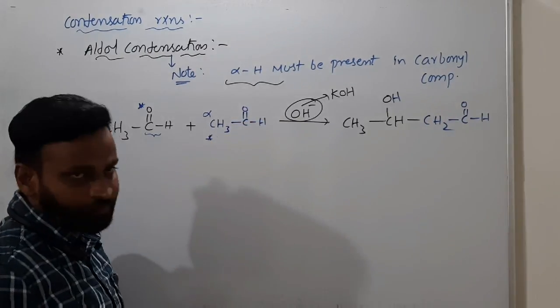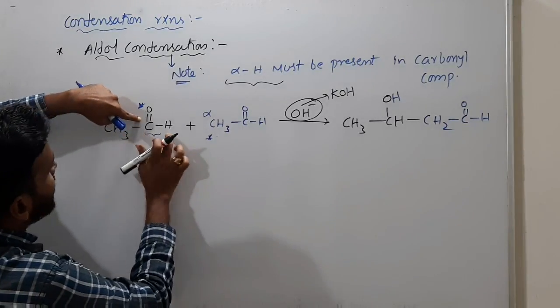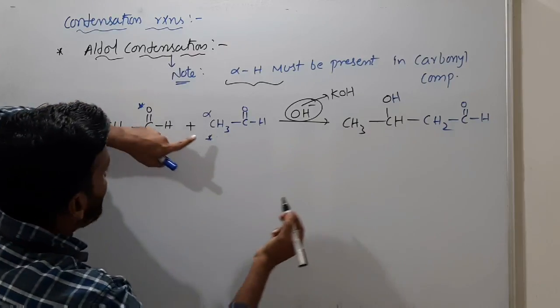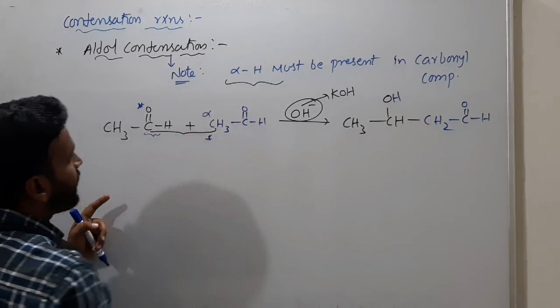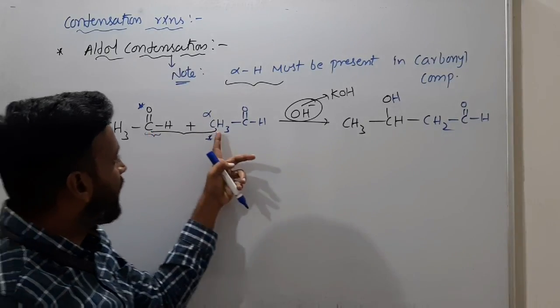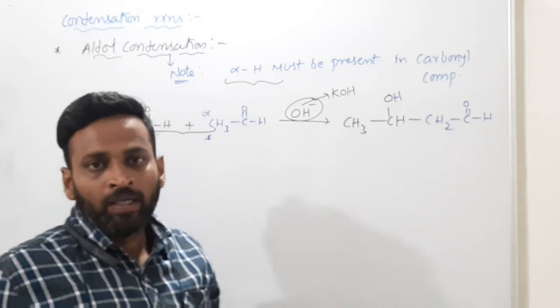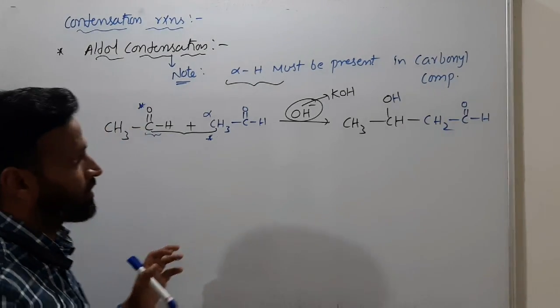I wrote another one. What happened, understood? This CH3 CH double bond O becomes OH, and between this carbon and this carbon there is a new bond: CH and CH2 C double bond OH. Correct? So this is actually aldol condensation.